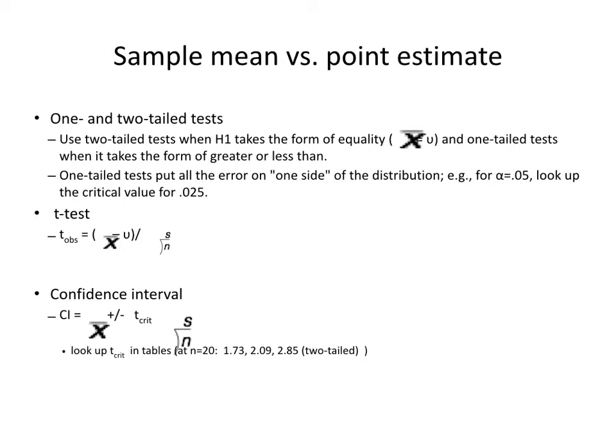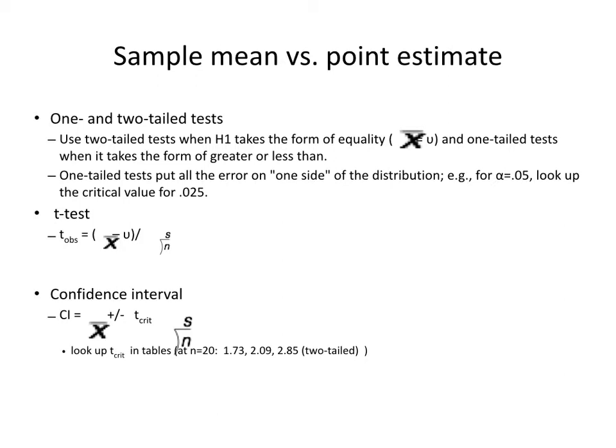So you can take your entire 5% on one side, and since the critical values in tables are always listed with equal parts of the error on both sides, you could look up the critical value for 0.025 rather than 0.05. And that means you'll have a lower critical value to surpass. And it's important to keep that in mind.